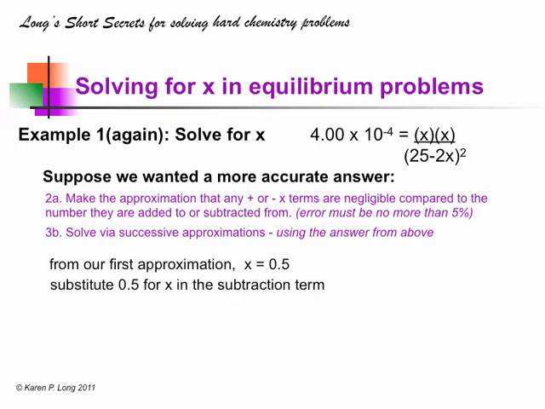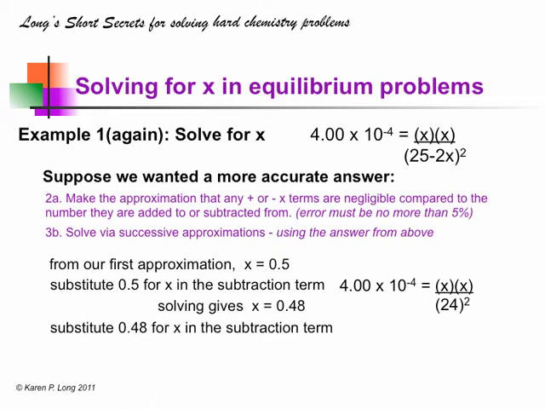We substitute 0.5 into our original equation here for x in the subtraction term. So 0.5 times 2 is 1, 25 minus 1 is 24, so we have the equation as shown here. Solving that gives us 0.48.